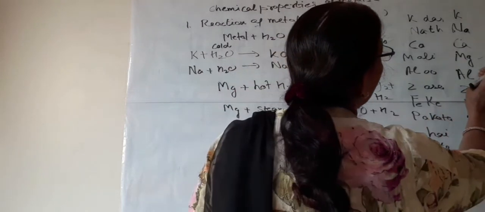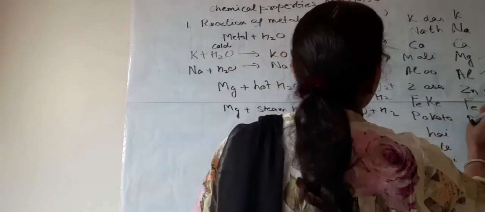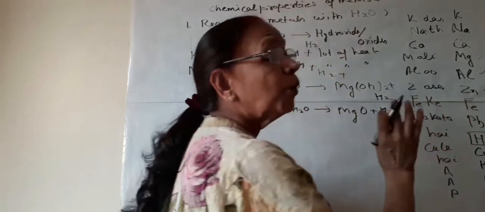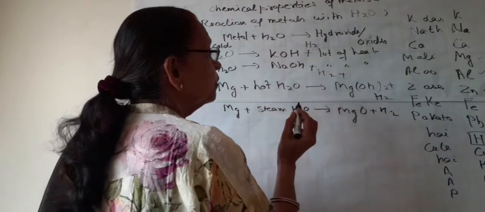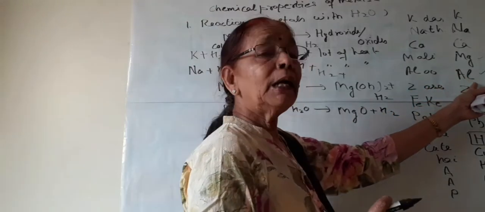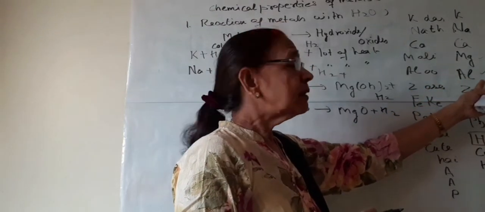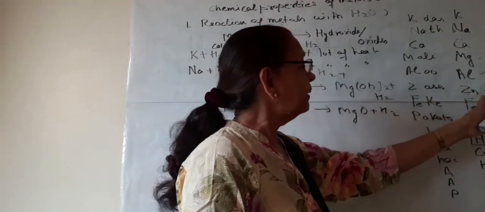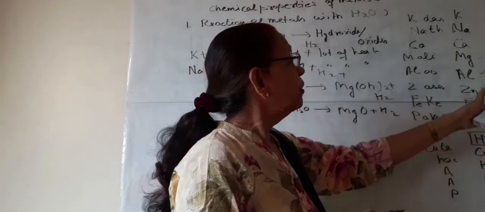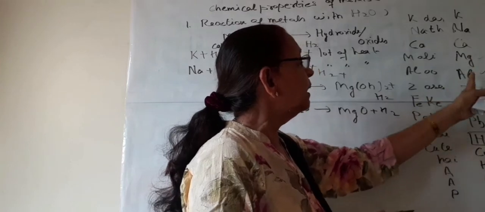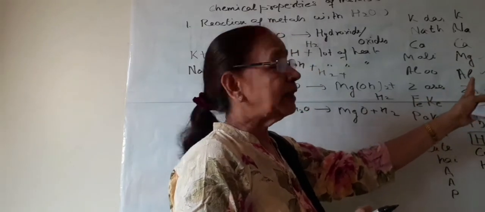Now what about aluminium, zinc, iron? All give only oxides and not hydroxide. So aluminium gives Al2O3 plus hydrogen, ZnO plus hydrogen, Fe3O4 plus hydrogen. So you write these equations by yourselves.